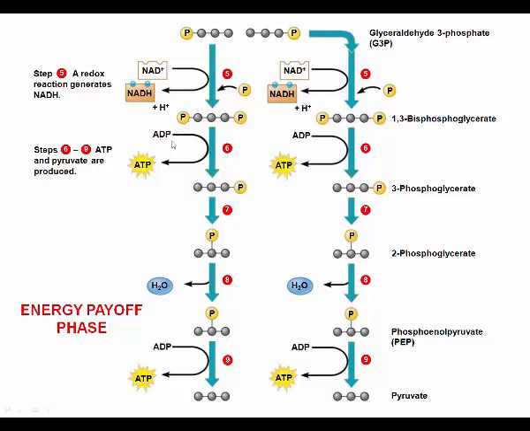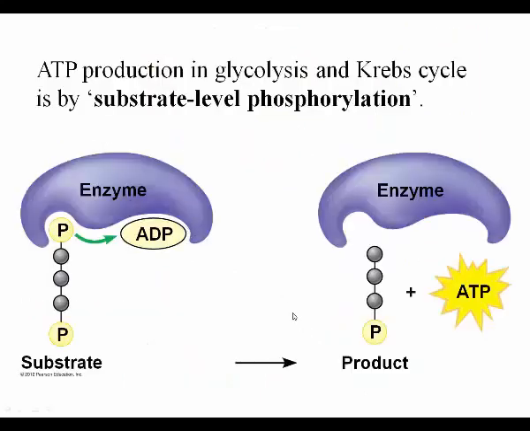I phosphorylated, attached a phosphate group to ADP from a substrate, and so that is substrate level phosphorylation. The phosphate was attached to ADP. What's released is a dephosphorylated product, an ATP.